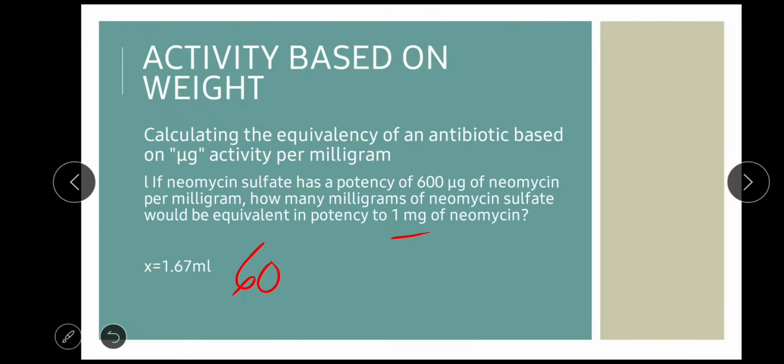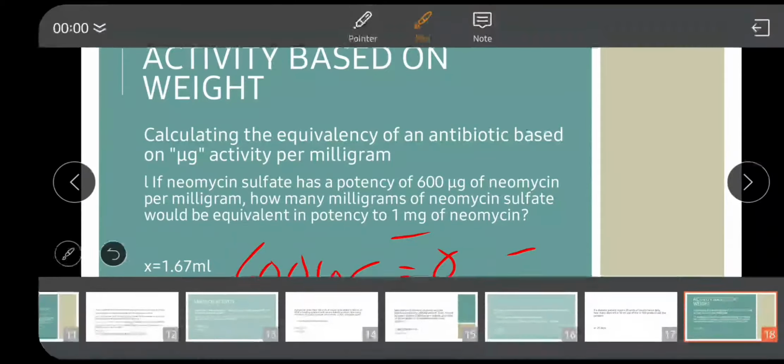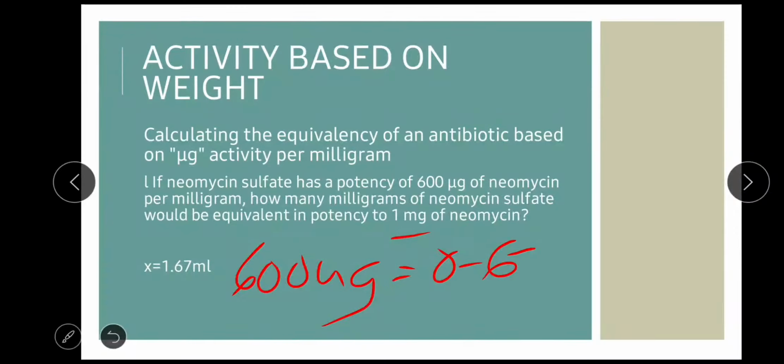600 microgram is equal to, let's convert it to milligram first, 0.6 milligram.